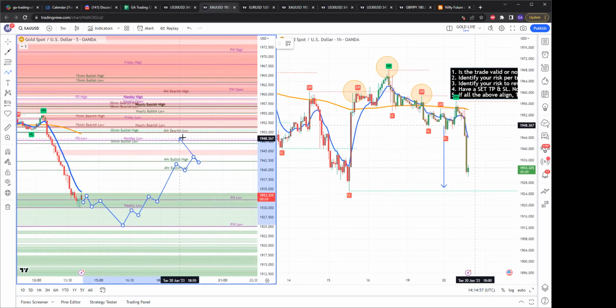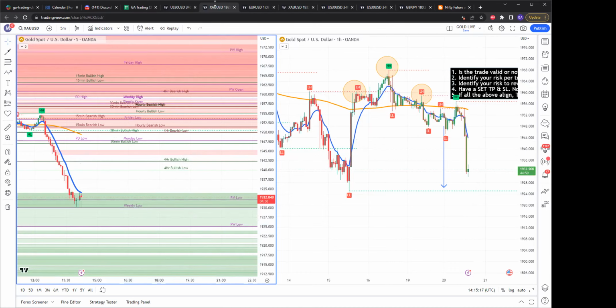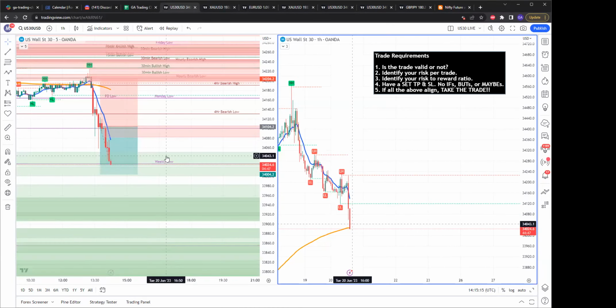We do have this 4-hour bearish low and bearish high here. However, these bearish zones have already been used up because that's what's bringing gold to the downside. So if we do come to this 4-hour bullish high and low, I do expect continuation for gold. That's the pattern I'm expecting for gold.